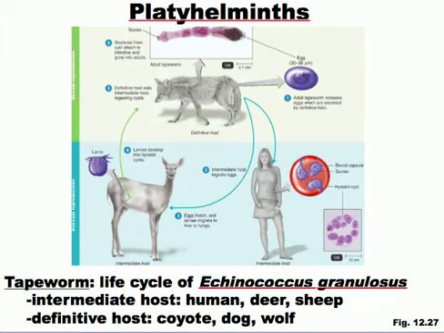The larvae can develop into a cyst, and if this deer is then eaten by a dog, coyote, or a wolf, then everything except for the scolex is going to be digested, and the scolex of this tapeworm is going to attach to the wolf's intestine, begin producing proglottids, begin sexual reproduction again, and this is going to be the definitive host for this tapeworm.